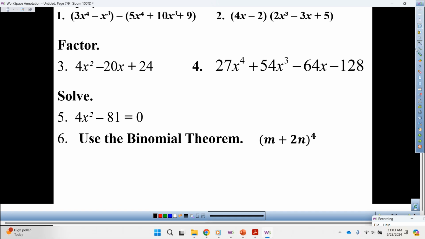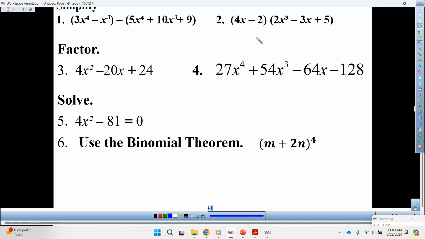All right. So here goes number 1. Number 1, we have a negative in between those parentheses, so it's a subtraction. So distribute. We're left with negative 5x to the 4th, negative 10x to the 3rd, minus 9. So far, so good?